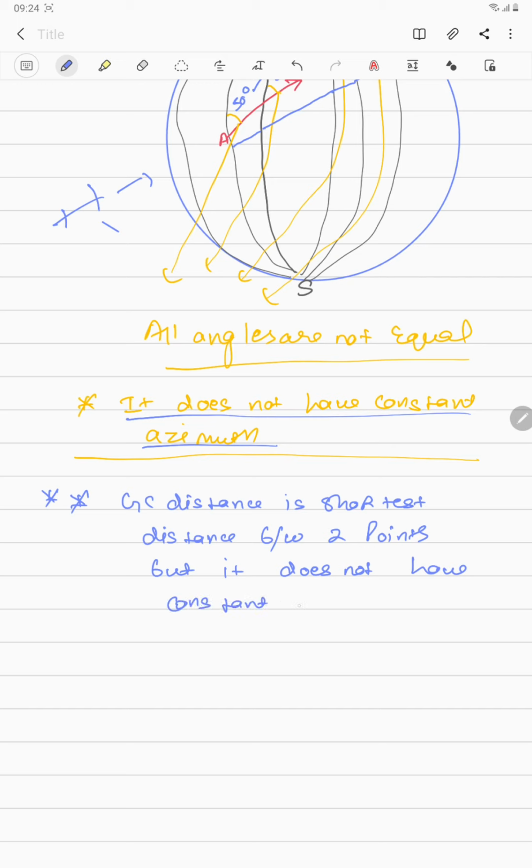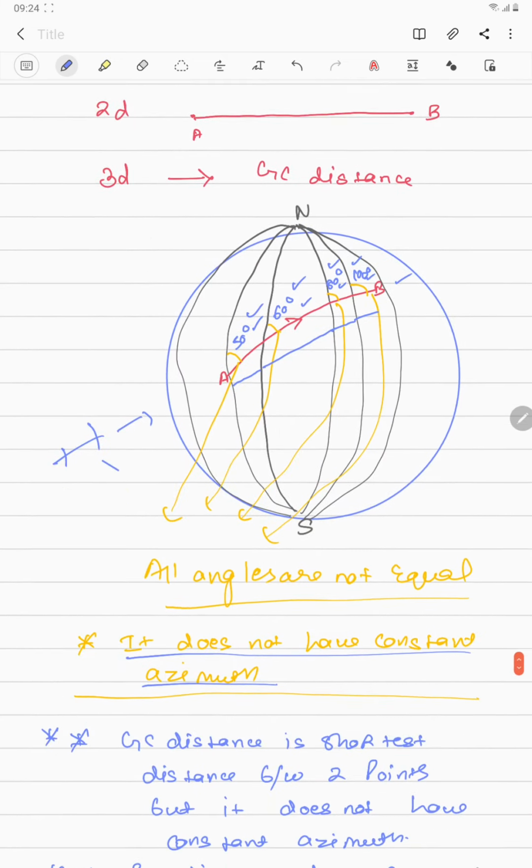Please understand this, it does not have a constant azimuth. Whereas your rhumb line distance has a constant azimuth. I hope this point is understood by you guys. Okay, so this was our third point.